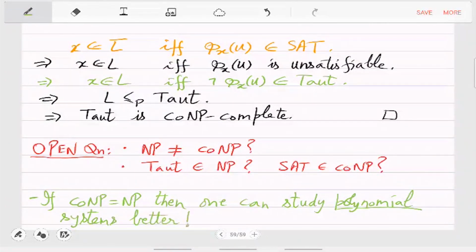Right. So remember that polynomial systems, finding a root, that's an NP hard problem.